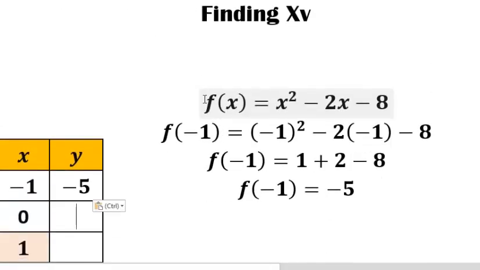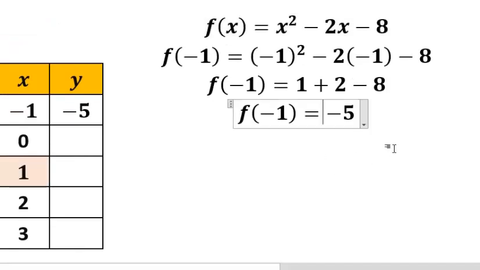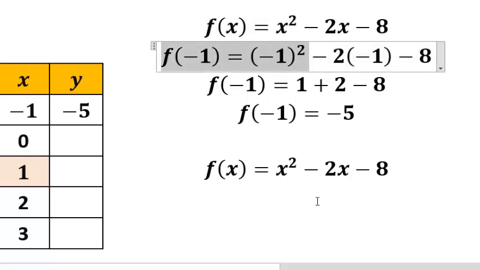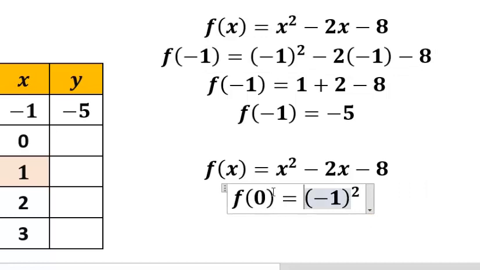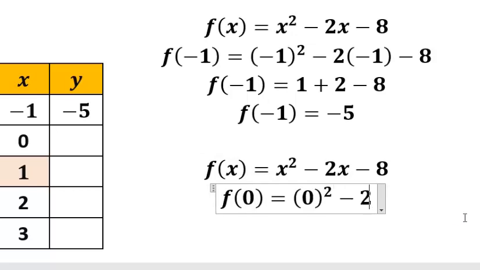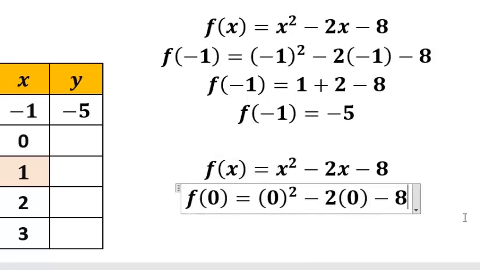Now I'm going to copy the formula again. And I'm going to work with 0 now. Okay. So not with minus 1, but with 0. Okay. So 0 squared minus 2 times 0 minus 8.